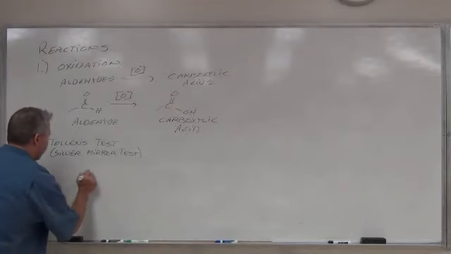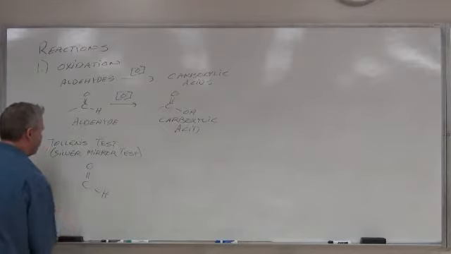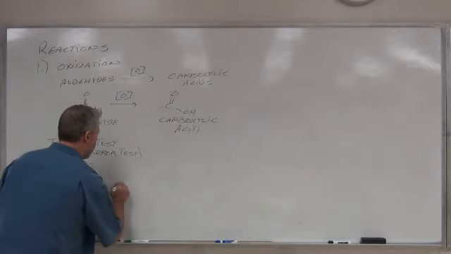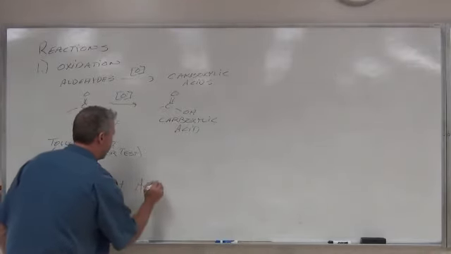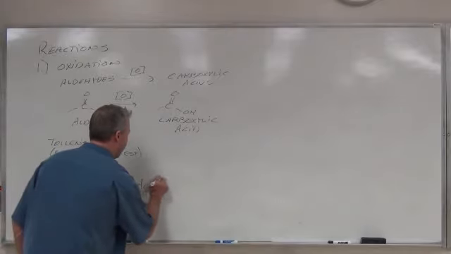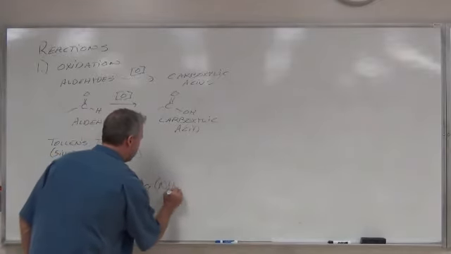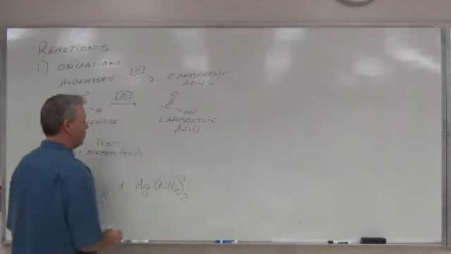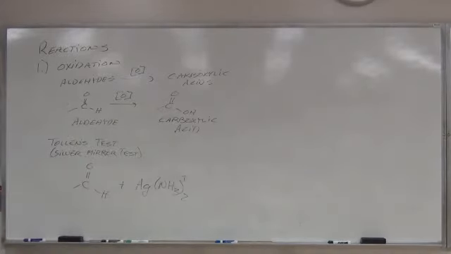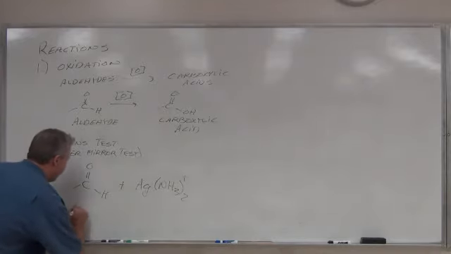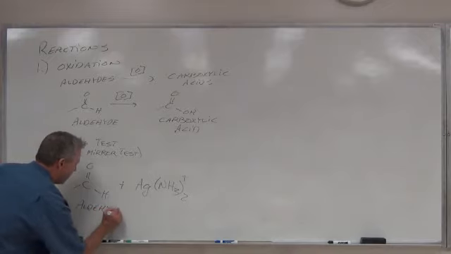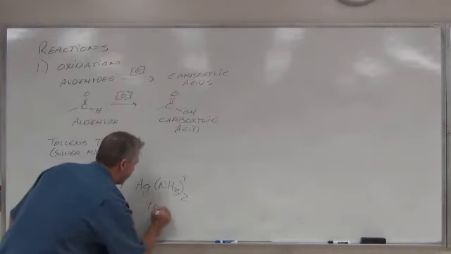If you have an aldehyde in solution, Tollens' reagent is a complex of silver ion and ammonia. Okay, it's silver ion in ammonia. If you have an aldehyde, here it is. This is Tollens' reagent.